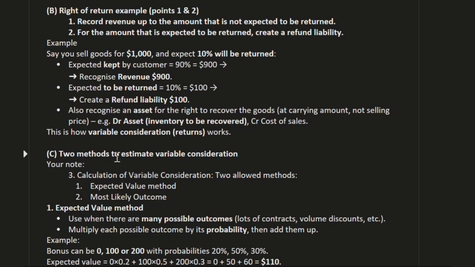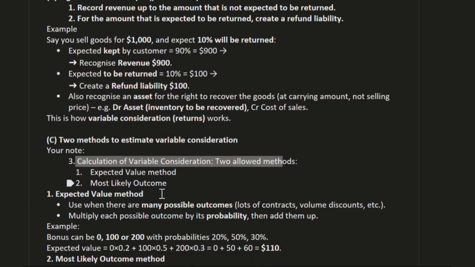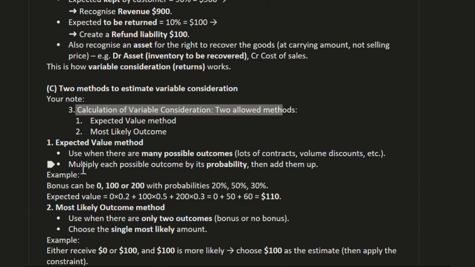Now, two methods to estimate variable consideration. For calculation of variable consideration, there are two allowed methods: the expected value method and the most likely outcome method. The expected value method is used when there are many possible outcomes, such as lots of contracts with volume discounts.